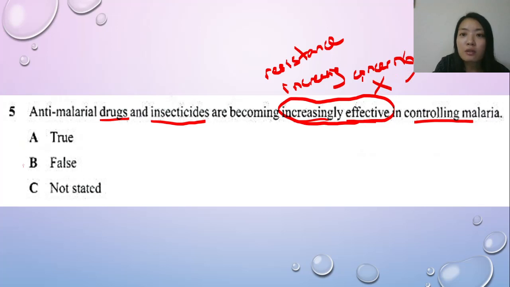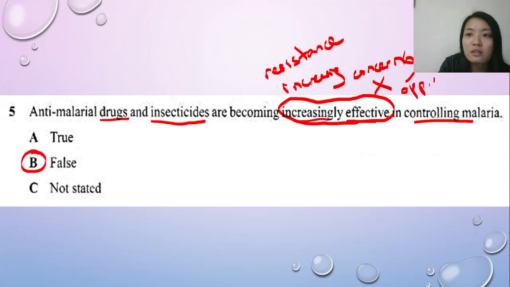The text says being resistant and is a concern, but here it says becoming more effective. If it's effective, of course, it's not a concern anymore. So, since this is direct opposite, I will choose the answer as false. Okay, it's directly opposite to what the text says.